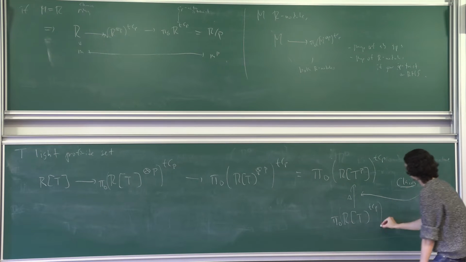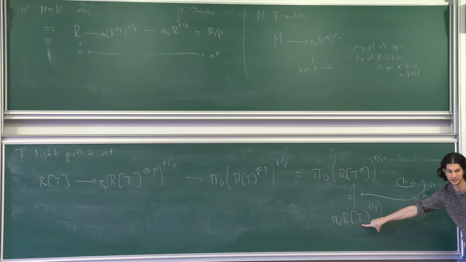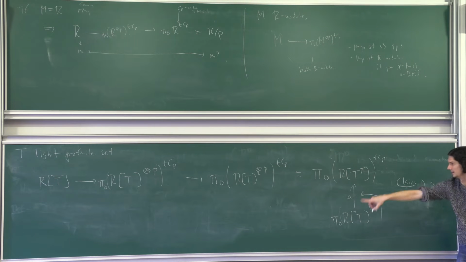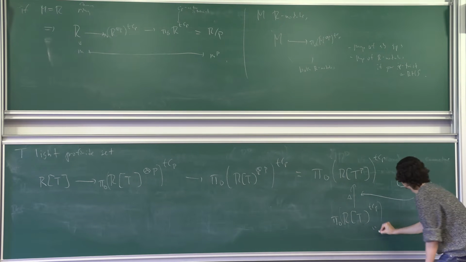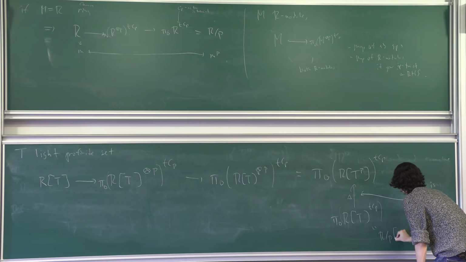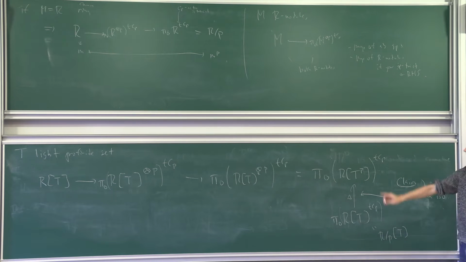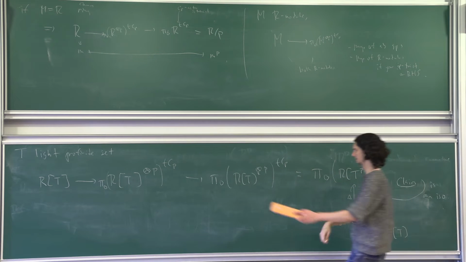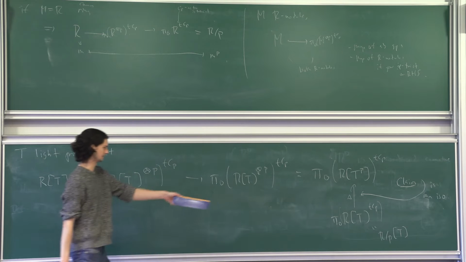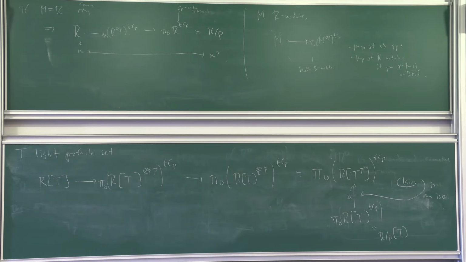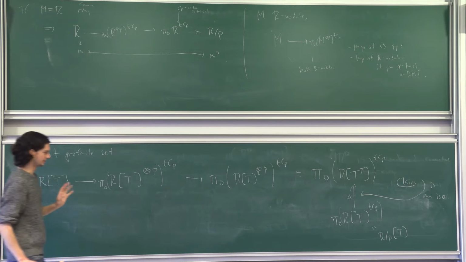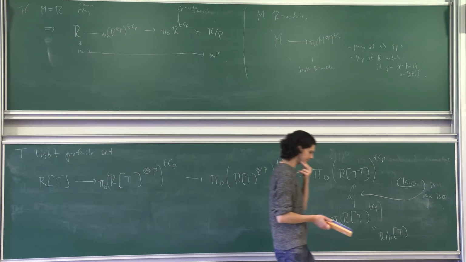Because again, CP is acting trivially here, so the Tate construction is just modding out by P. So this is indeed R mod P bracket T. And then for similar reasons, the composite is actually going to be Frobenius linear and gives you the desired construction. You also have to check that condition, but the full argument is in the notes, analytic.pdf.